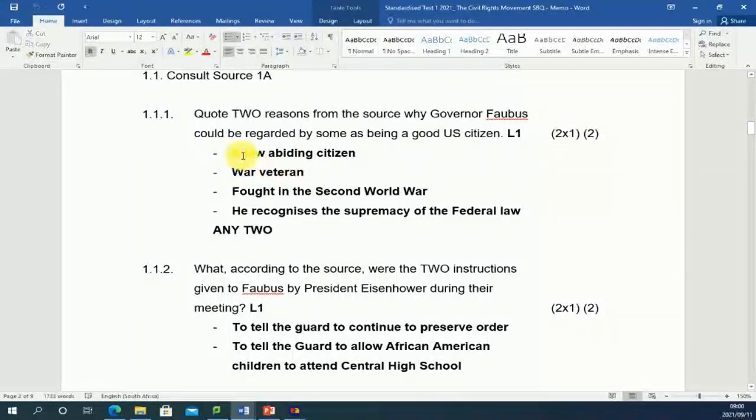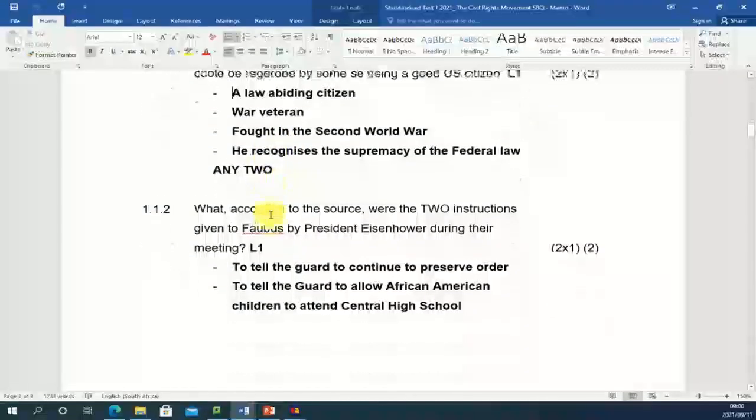So, according to the source, it said that he was a law-abiding citizen, that he was a war veteran, that he fought in the Second World War, and that he recognizes the supremacy of the federal law, the law of the country, over the laws of the individual states. Any 2 of those, you just need to extract a piece of information.